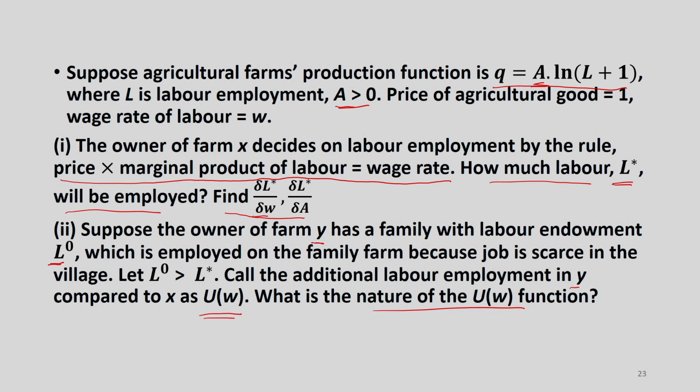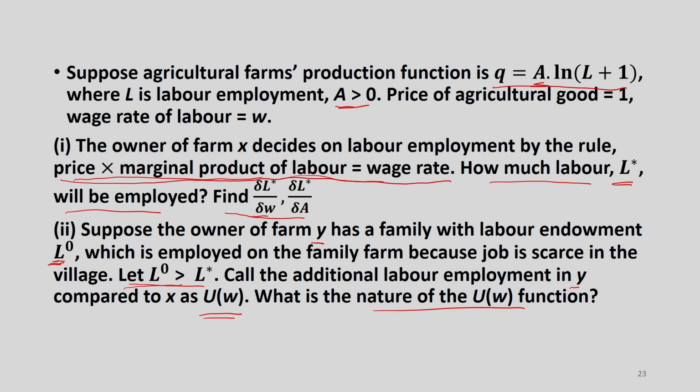The family is endowed with L0 amount of labor, and that labor will be employed on the firm irrespective of what the wage rate is. So, this rule is not applicable. And we are assuming L0 is greater than L star. There will be conditions under which L0 will be greater than L star, we shall see that, and then we are trying to find out the additional employment in firm Y as compared to firm X.